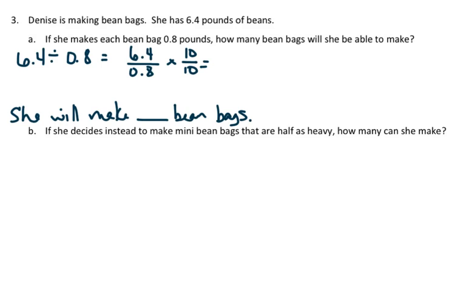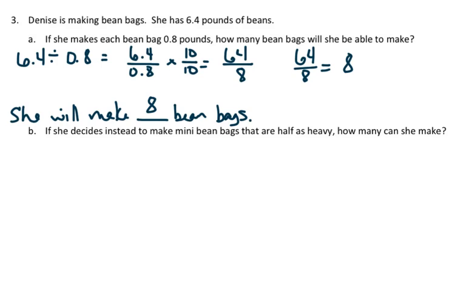So we're going to eliminate the decimal here. So we have 6 4/10 times 10 is 64, and 8/10 times 10 is 8, and 64/8 is equal to 8. So she will be able to make 8 bean bags.